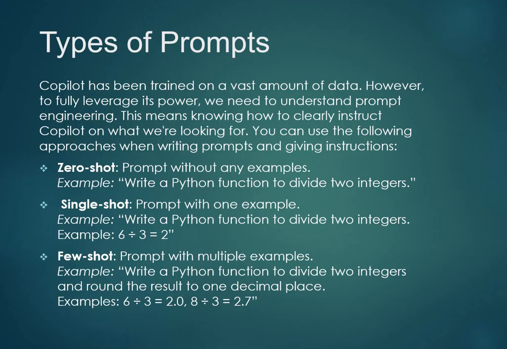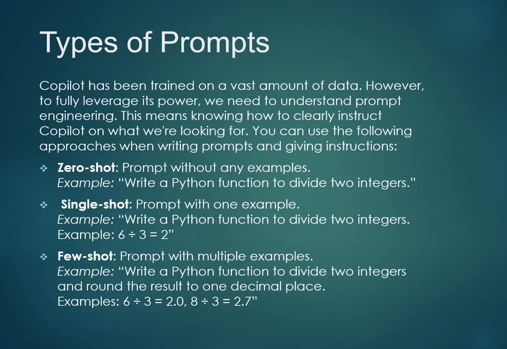So, types of prompts. Copilot has been trained on the best. However, to fully leverage Copilot's behavior and power, you need to be very specific with your prompts and write clear instructions.